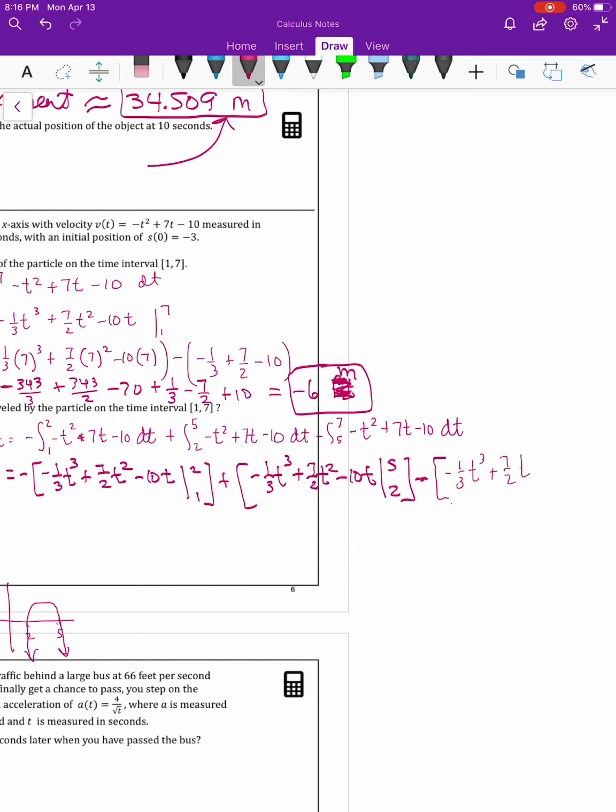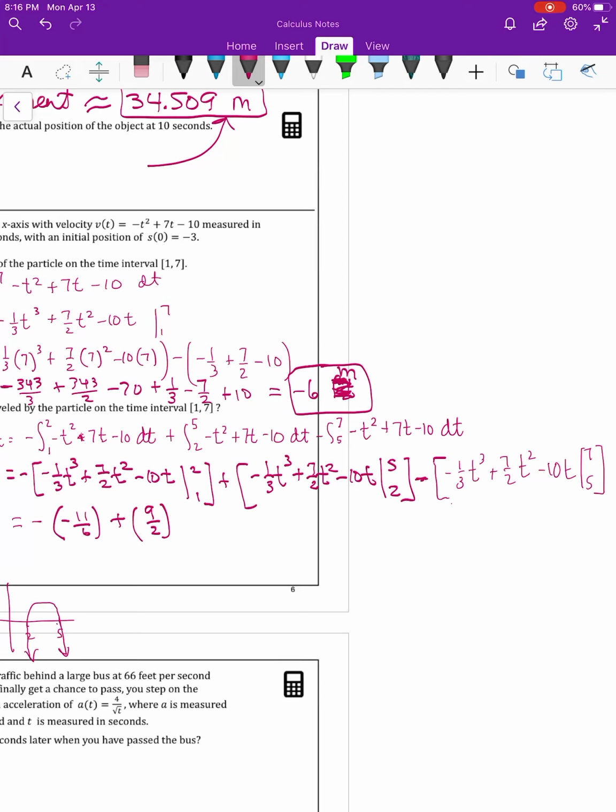And then minus, you've got your same integral from 5 to 7.